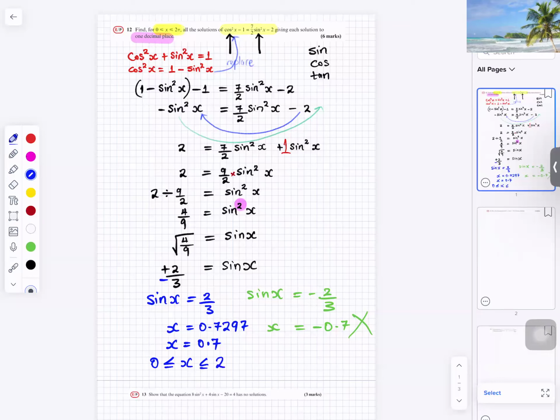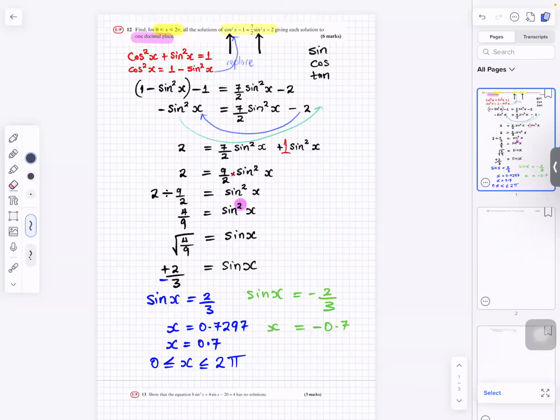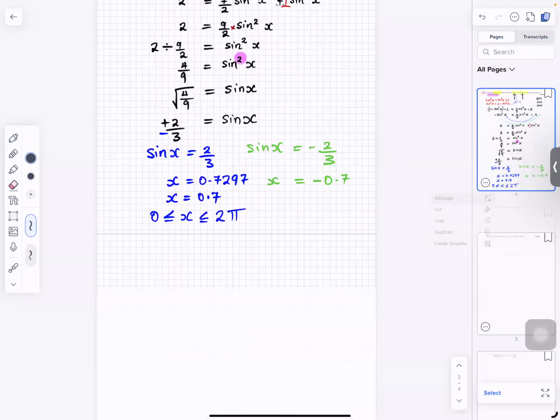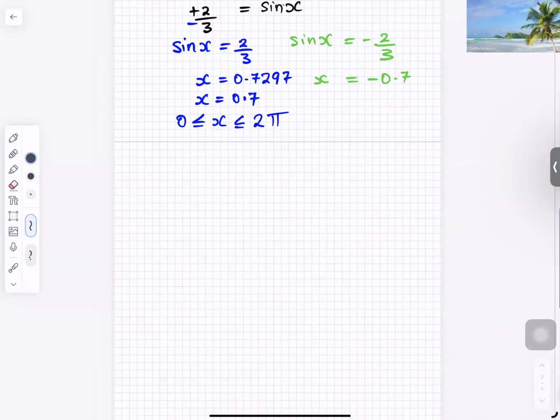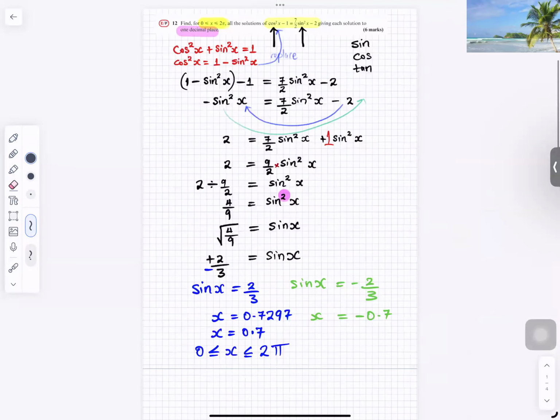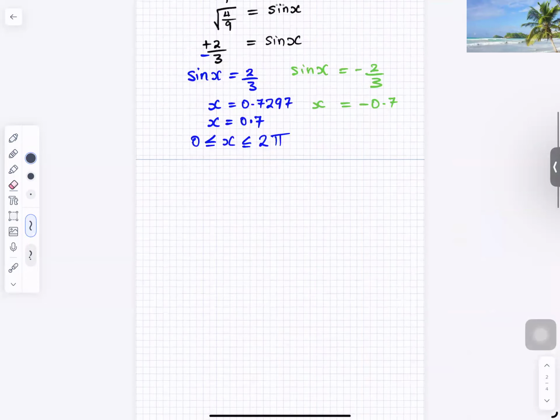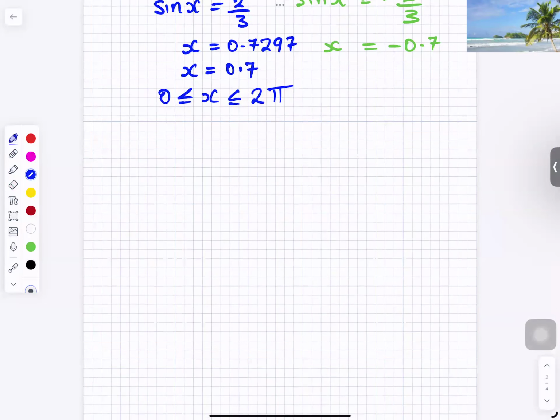How do we get the next answer? You can use the CAST diagram, or you can think of a sine graph, which you need to memorize.